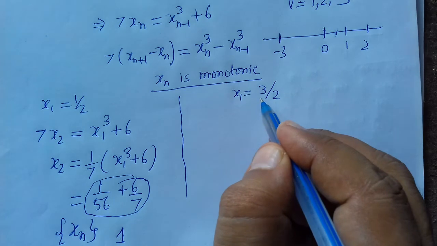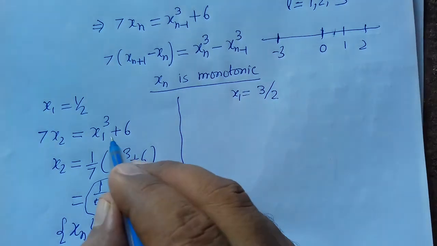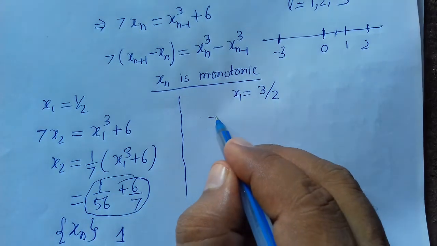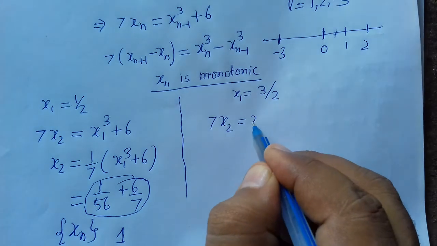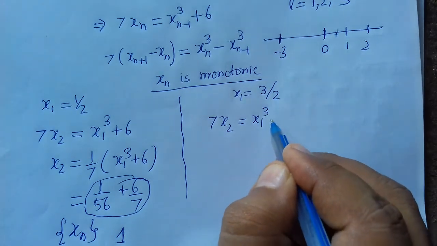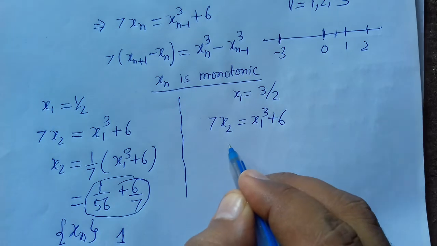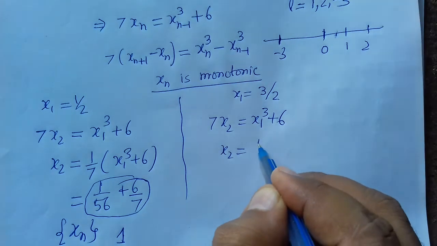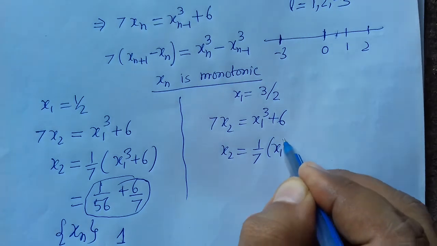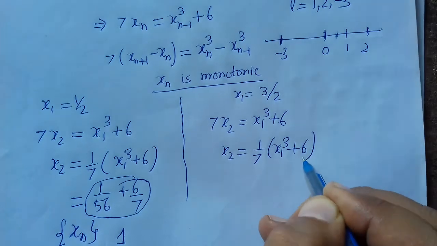Now we go for x1 equals 3 by 2. From this relation, the equation for x2 will be this, and x2 will be 1 by 7 times (x1 cube plus 6).